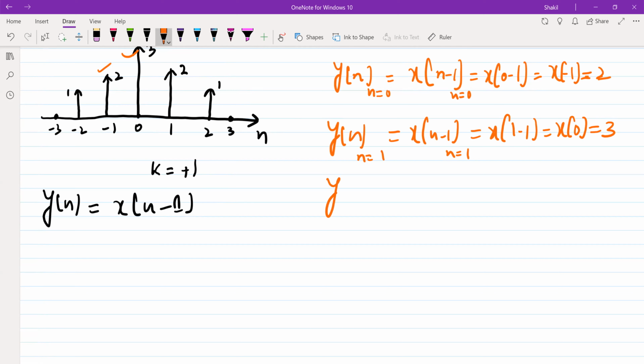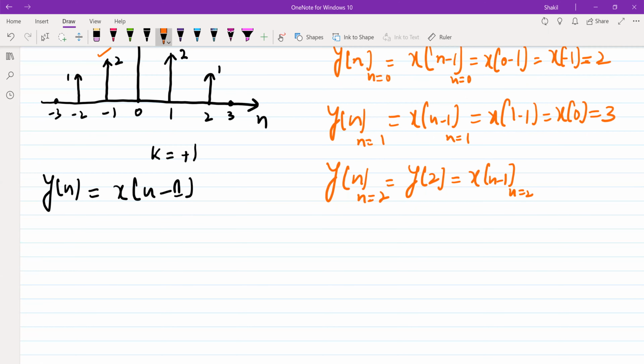Similarly, y when n is equal to 2, which is y of 2, means x of n minus 1 when n is 2, because y of n is defined as x of n minus 1. So this is x of 2 minus 1, which is x of 1. X of 1 is 2.